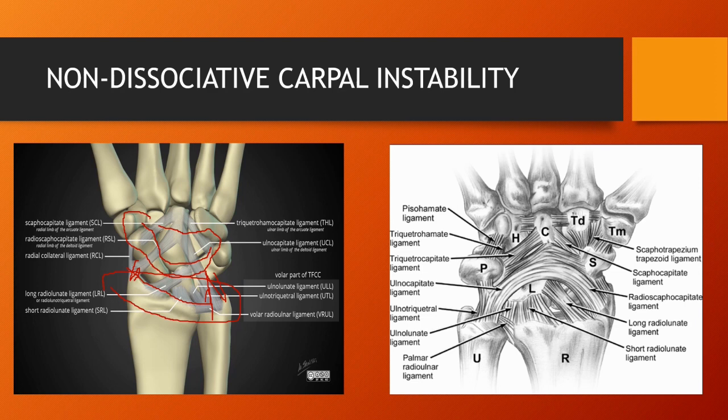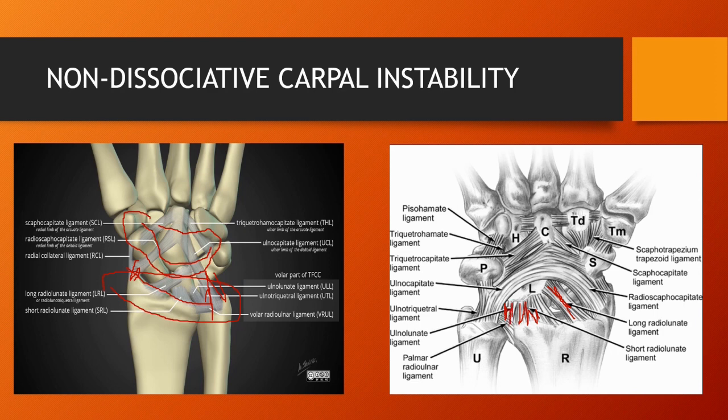So if we're talking about the distal radius and ulna and the proximal row of carpal bones, we're talking about, for example, injury to the short radiolunate ligament here. We're dealing with perhaps injury to the long radiolunate ligament here. We're dealing with injury to, for example, the ulnolunate ligament here.